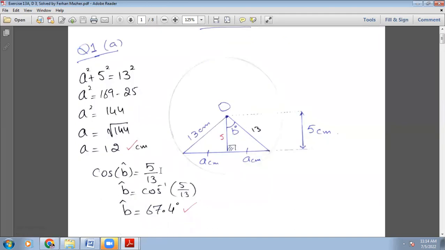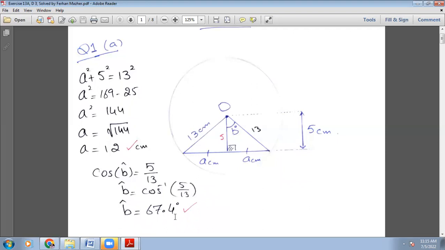Cos of the angle b will be equal to base by hypotenuse. So base is 5 and the hypotenuse is 13. I will make this angle alone, so this cos will go here and become cos inverse. In your calculator, you will write shift cos, bracket start 5 divided by 13, bracket close, equals, and that will give you angle 67.4 degrees.